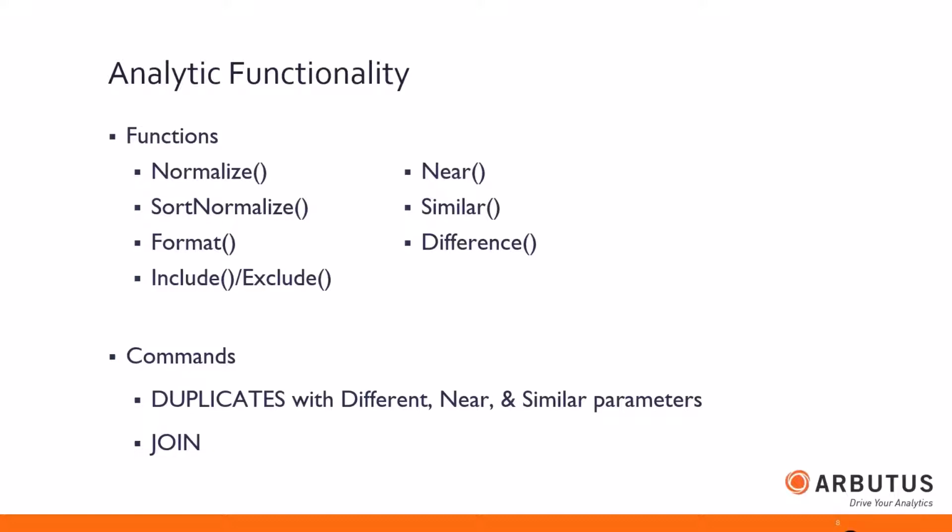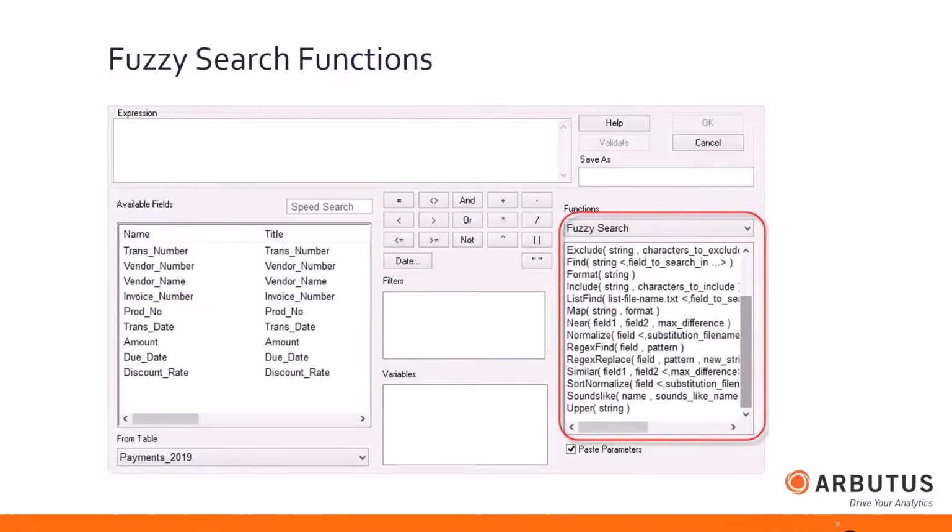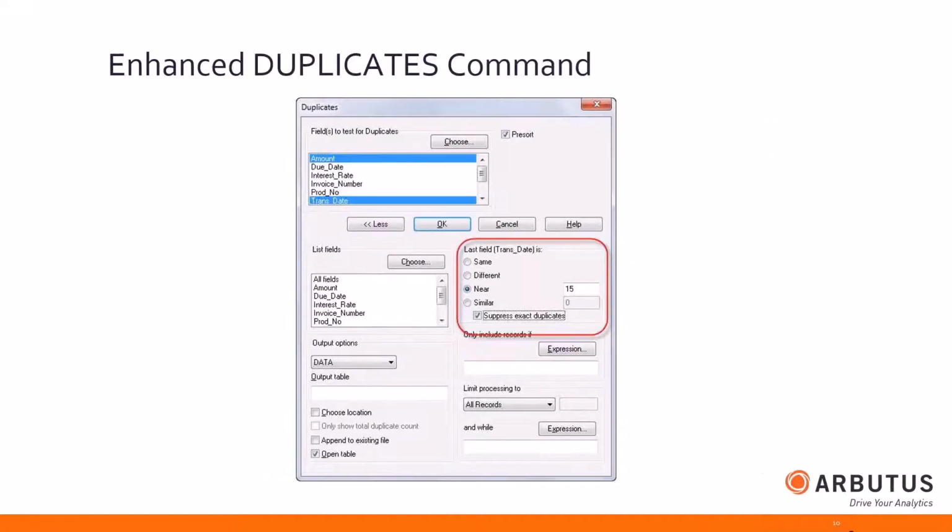The join command can also be used in conjunction with the duplicates command and the functions to help detect fuzzy duplicates. Fuzzy search functions are located in the expression builder. If you select the fuzzy search section of the functions on the right, it'll show you all the functions that can be used to detect fuzzy duplicates. The duplicates command has been enhanced with the addition of same, different, near, and similar parameters. And we'll take a look at how we use those later.